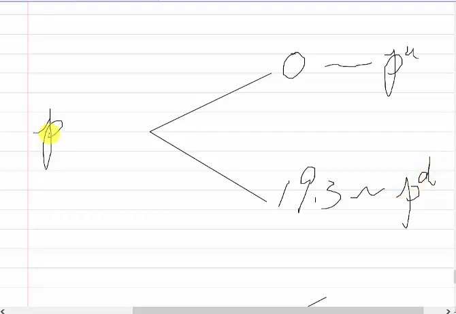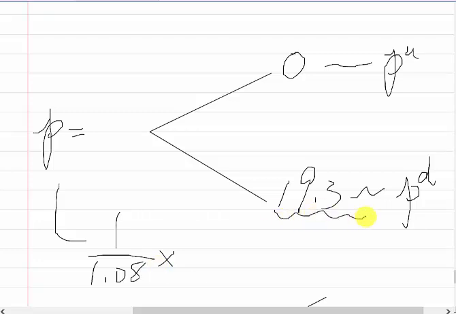So we are interested in, again, risk-free discounting times what? Actually now we know the upstate payoff is 0, so it doesn't matter what probability is attached to it. It's 0.